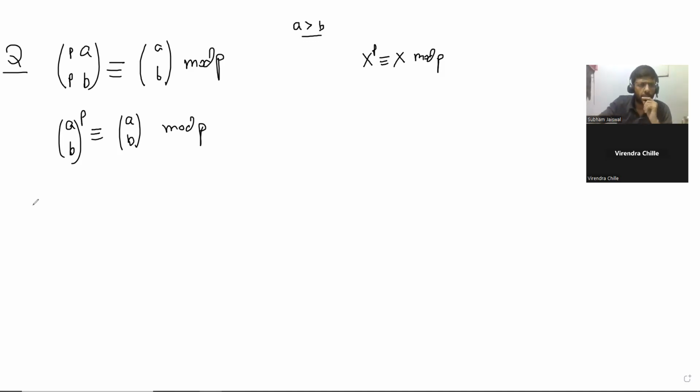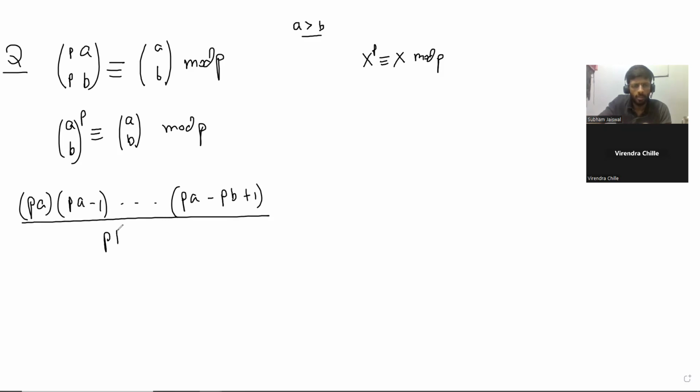Okay, so if we just write, maybe it will come. So PA minus 1 till PA minus PB plus 1, divided by PB factorial, right? So that's what it is. Is this correct? Meaning that this is equal to PA choose PB, right?